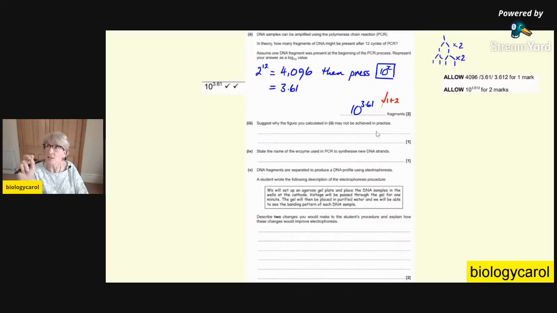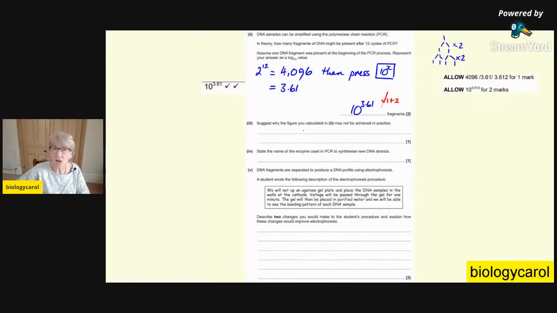So here I am thinking about the PCR process. Heat is applied to denature and separate the DNA strands. Then the heat is lowered to allow a primer to anneal. And the heat is then upped again to allow the DNA polymerase to do its lengthening of the fragment.